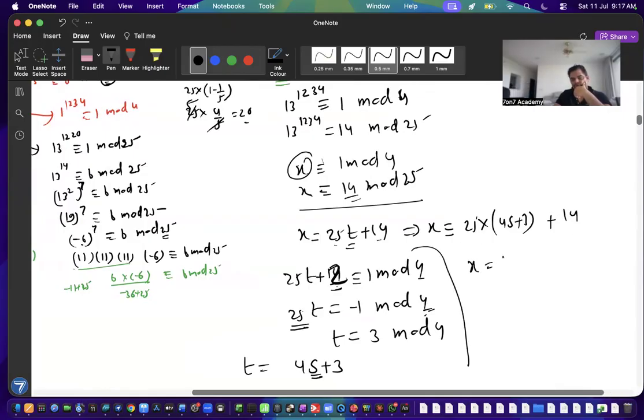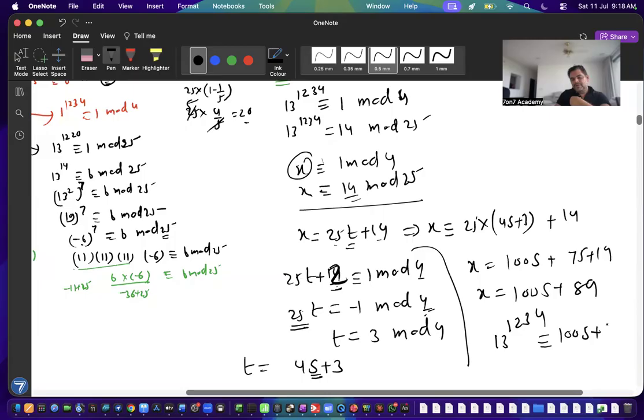So x is 100s plus, this adds up to 89. So x was 13 raised to 1, 2, 3, 4. You can write it as a multiple of hundreds plus 89.